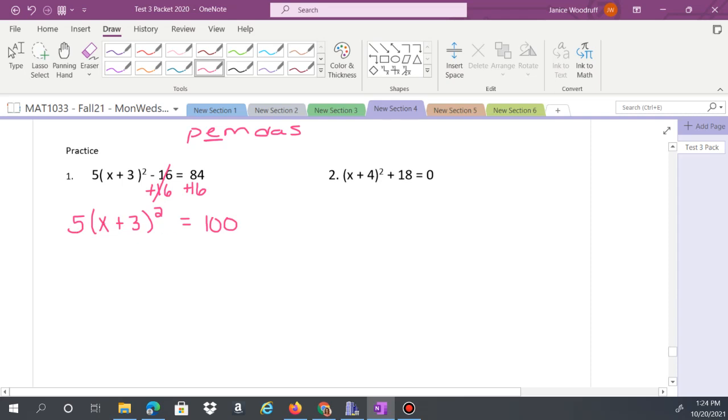We want to get rid of this 5 times by dividing, so those just go away. I'm undoing this so that I can isolate the x plus 3 squared. 100 divided by 5 is going to give me 20. Now I can do the plus or minus square root.